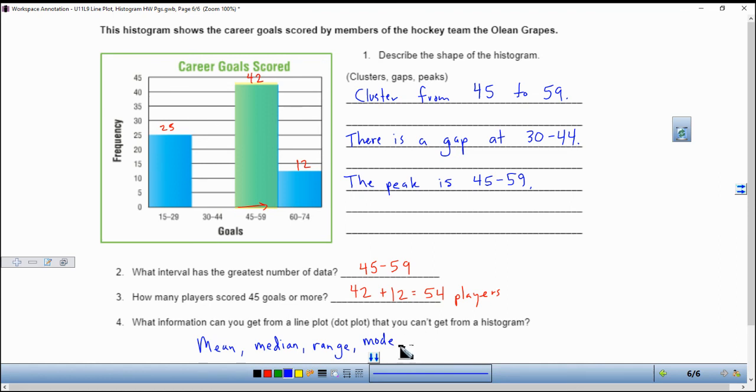And then you have the individual data points. So you might be thinking this might be the mode, 45 to 59, but we don't know the individual data points. So we wouldn't be able to tell what single number came up the most in the data. So these little measurements here, you cannot find using a histogram.